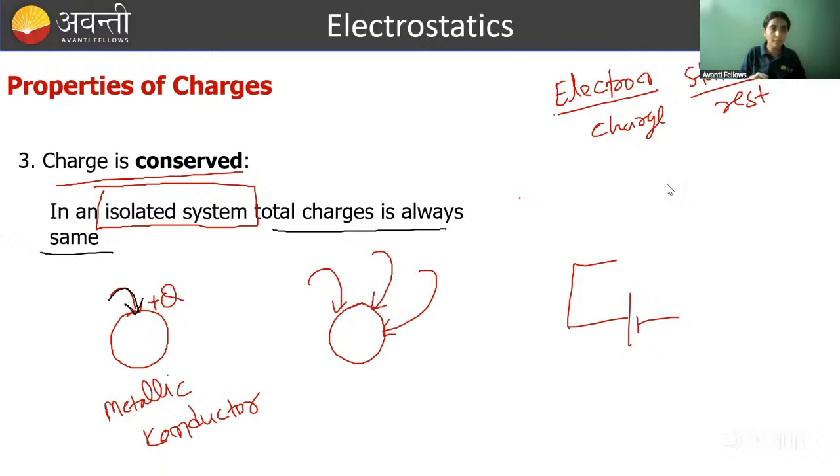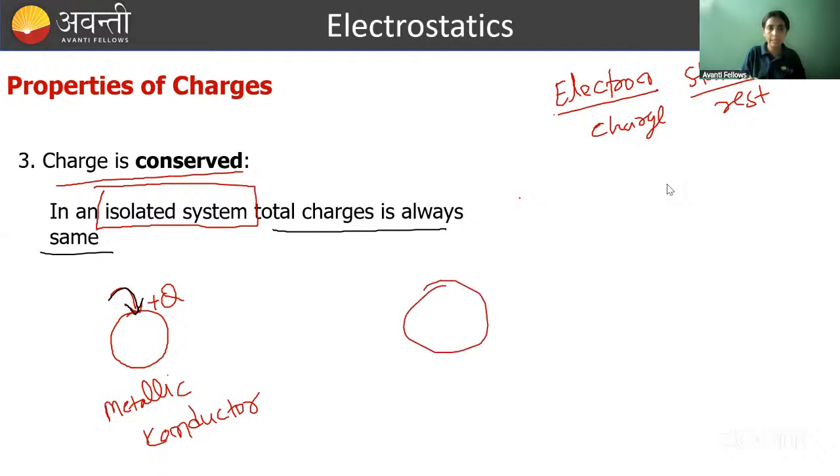Charge conservation has one more meaning, which we will read later and do questions on. Suppose here is a metallic conductor A, we have given plus q charge to it, and there is another metallic conductor B. And B is connected with A through a conducting wire. Then what will happen? Charge from A will get transferred to B.